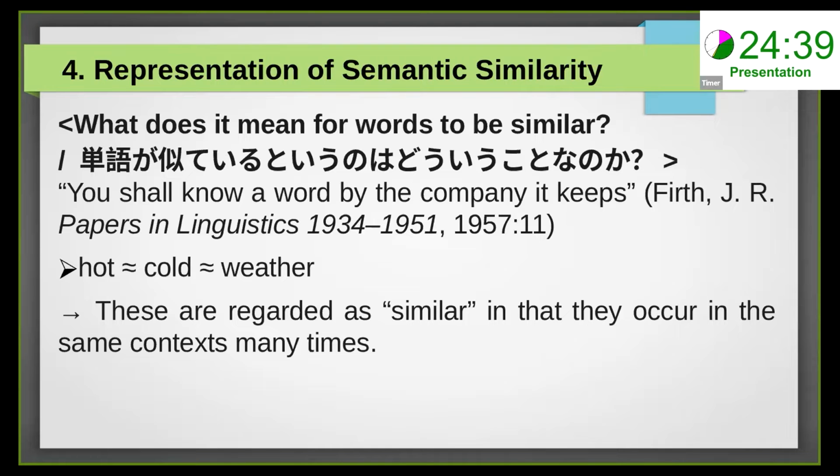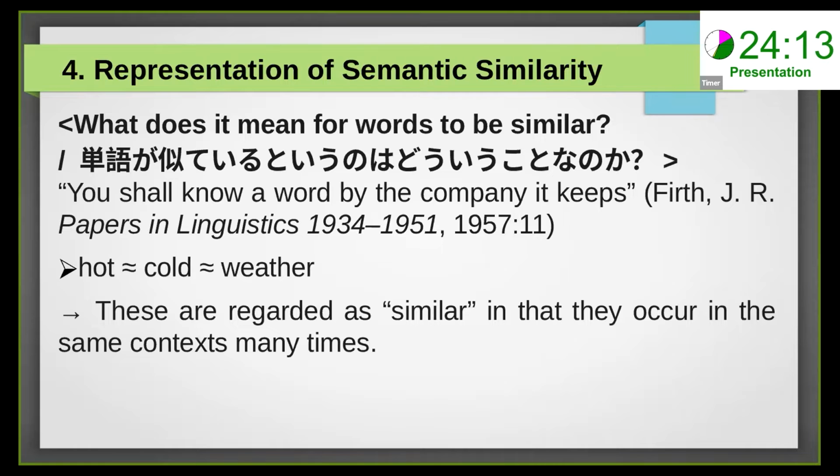But according to the above definition, these words are regarded as similar in that they occur in the same context many times. So whenever the term weather is mentioned, then hot and cold are most likely to be mentioned.